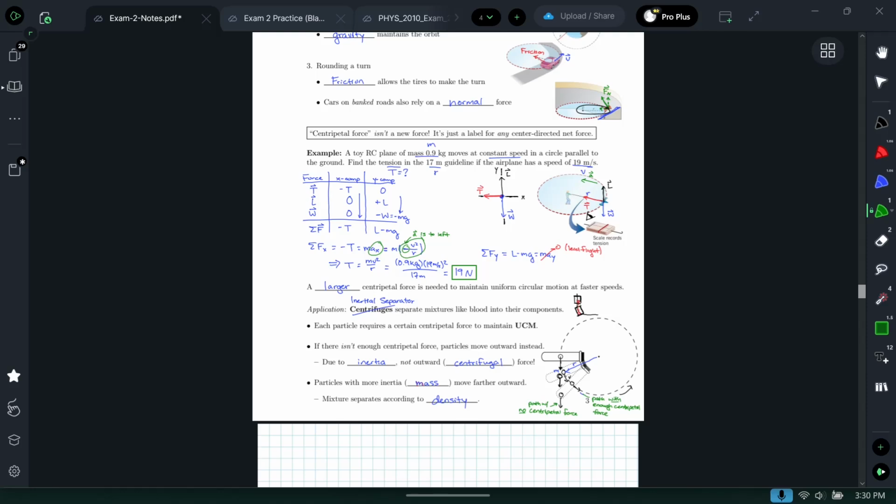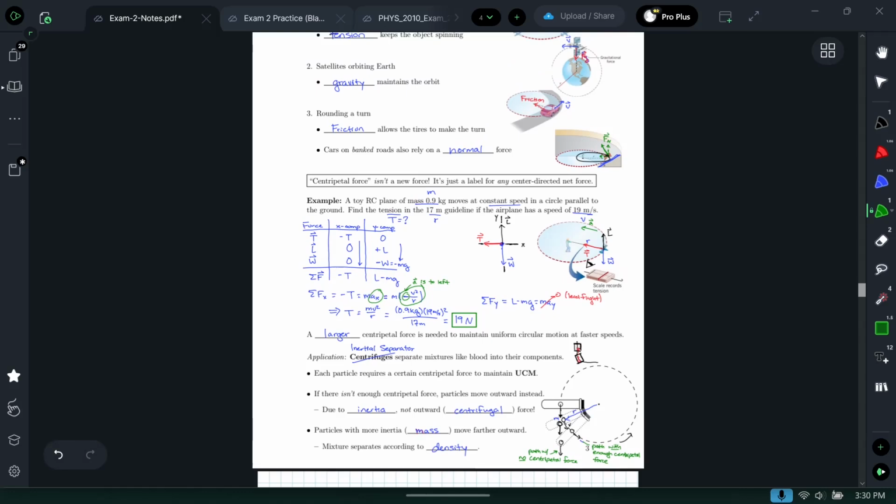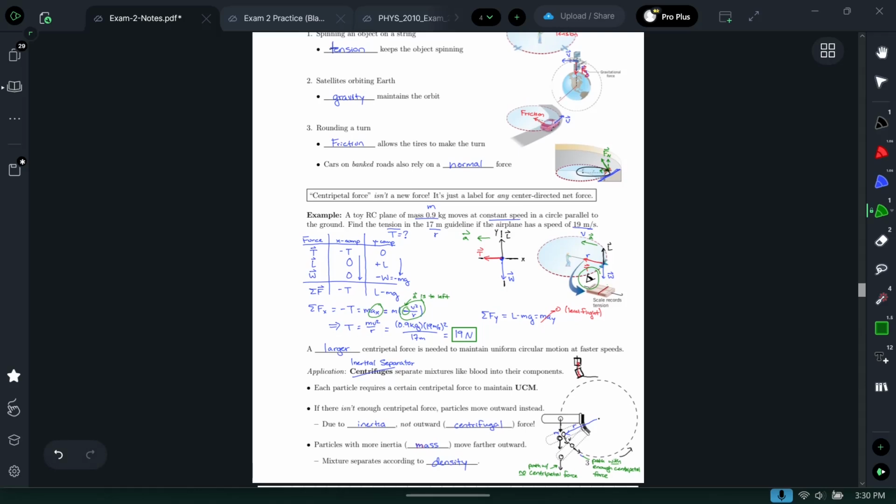So in this particular problem, the acceleration at the moment we're looking at the plane is to the left if we're looking from the back of the plane, right? This rear view of the plane. And that's because to the left is at that moment pointing towards the center of the circle. That's why we use that negative right there.